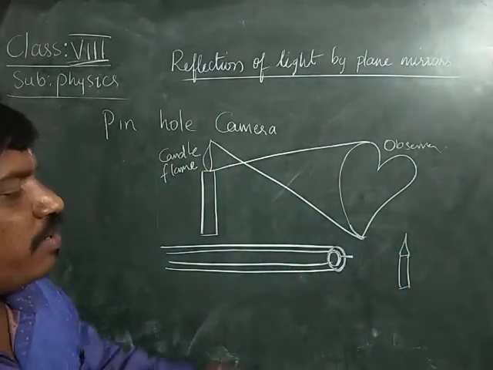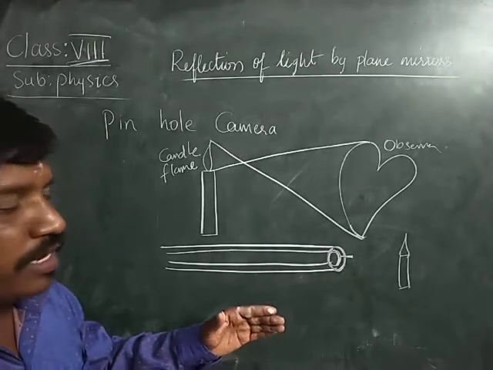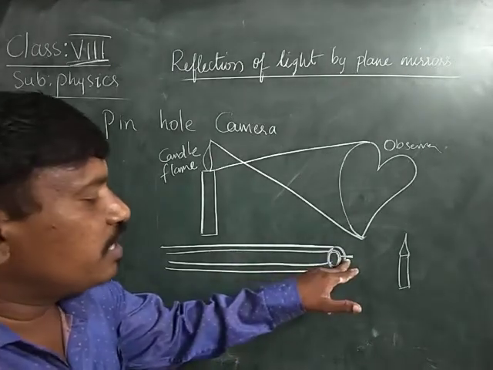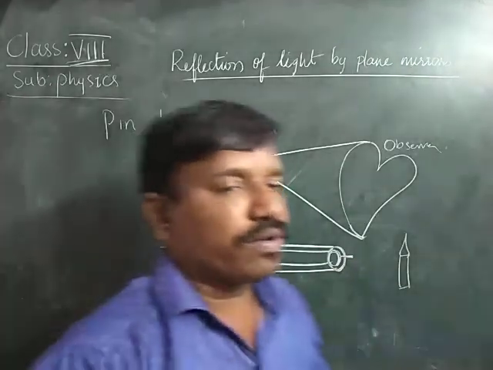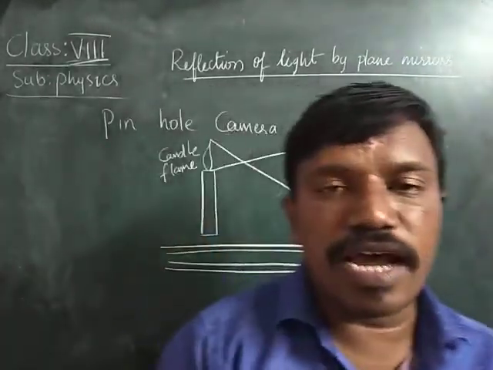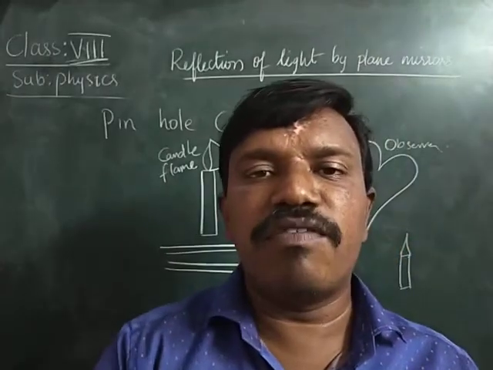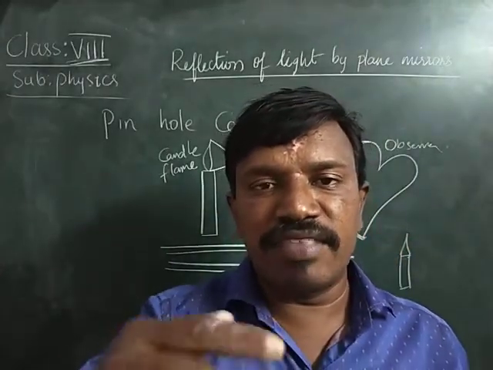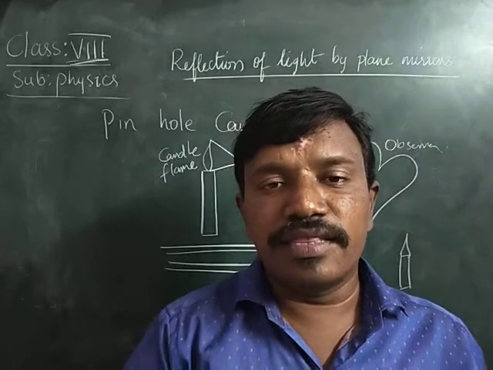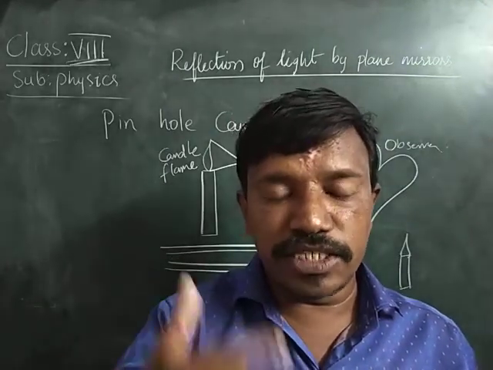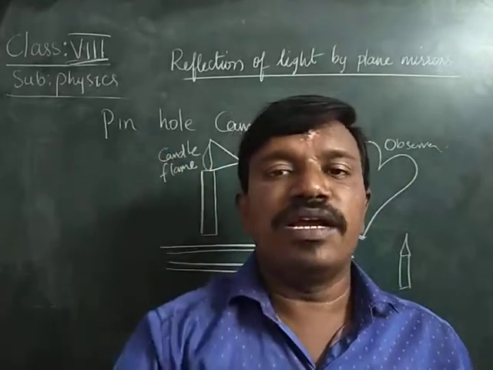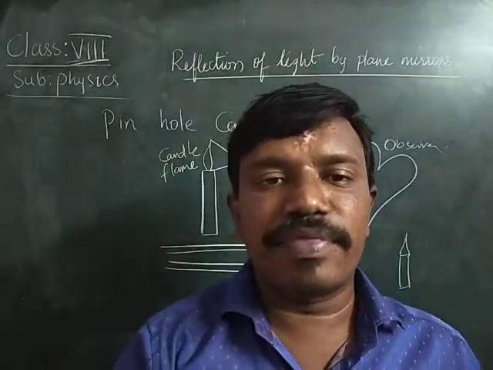Okay, then what happens if, instead of a small pinhole, I increase the size of the hole? When I increase the size of the hole, the image that is formed when we are seeing through that pinhole cannot be seen clearly.